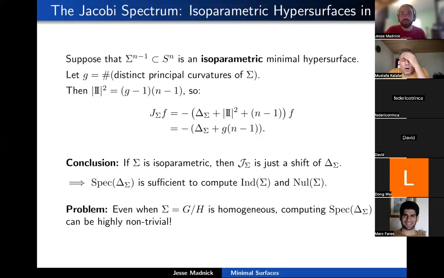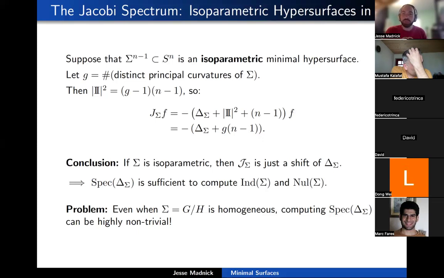That's fine. But if the metric is not normal, then in general, we have no idea. In general, the spectrum of the Laplacian is extremely hard. And in fact, for the homogeneous minimal hypersurfaces in spheres, those metrics are generally not normal. So this is really not trivial.